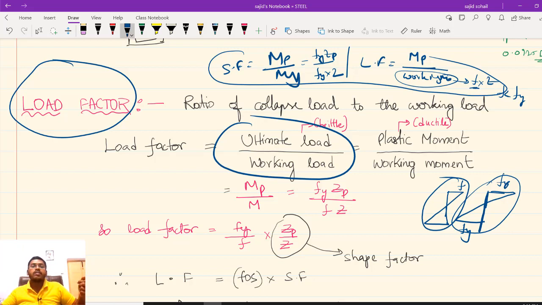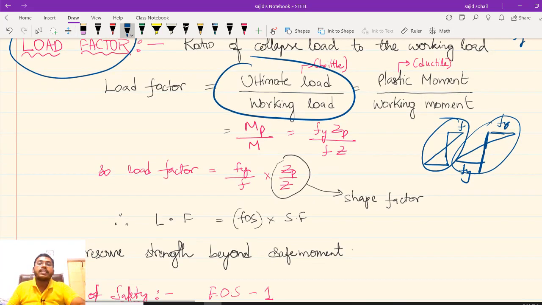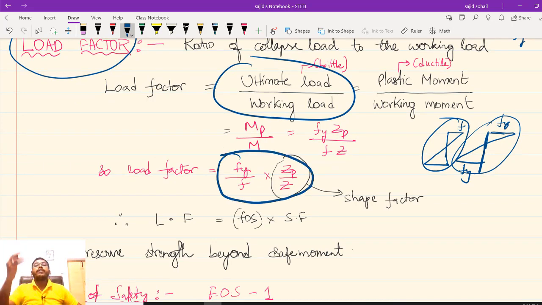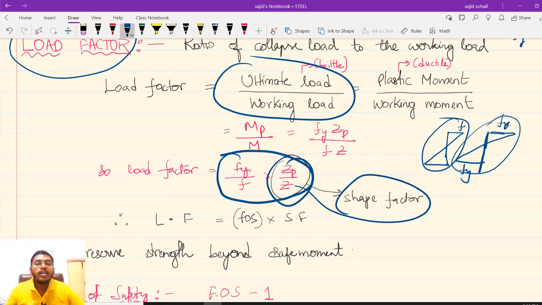Whereas in ductile materials, steel is a ductile material, so in steel your load factor is nothing but your plastic moment divided by working moment. As simple as that. So it is nothing but Fy divided by F into Zp divided by Z. What is this Zp divided by Z? It is nothing but my shape factor. And what is Fy divided by F? Your yield stress divided by your working stress. It is nothing but your factor of safety.